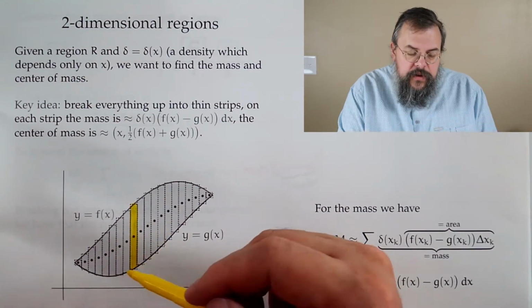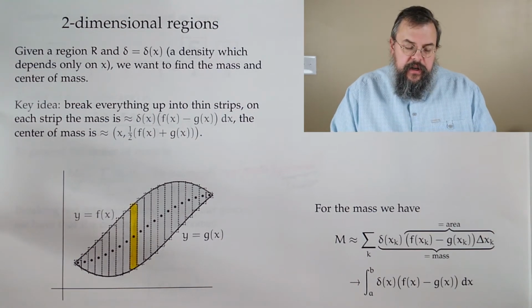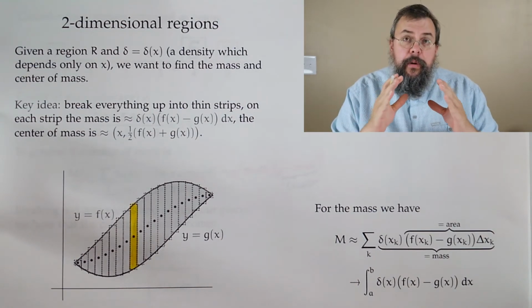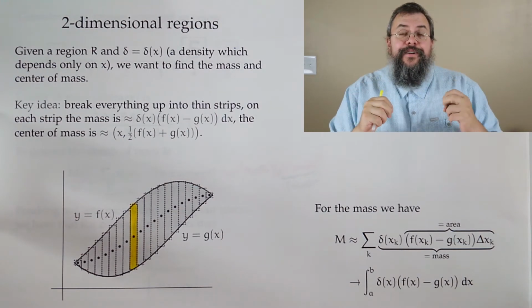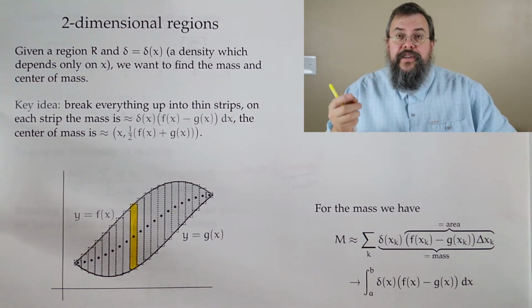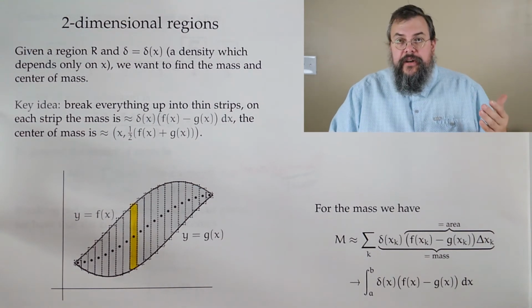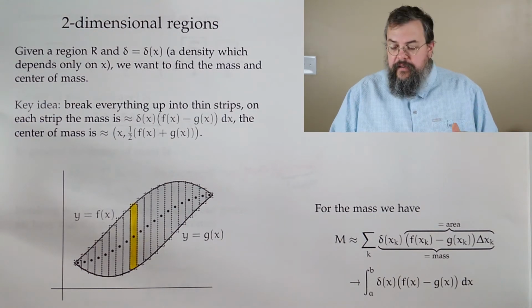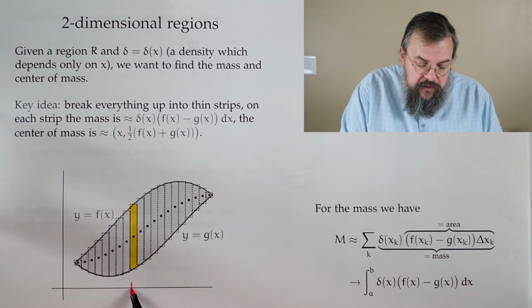What we want to be true, and this is sort of the key thing whenever we talk about integration, is that when we break things into parts, the behavior on each part should be flat, or another word is essentially constant. It's not going to change much. And here's why it's important that our density only depends on x. Because if you notice our piece here, it's a very, very small change in x.